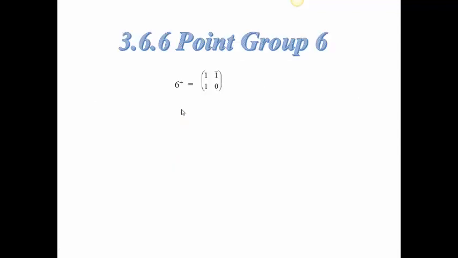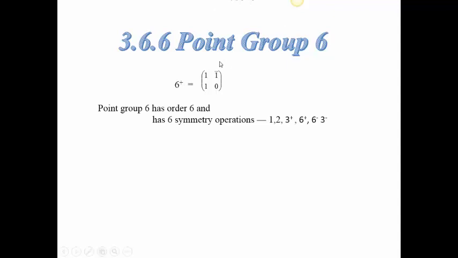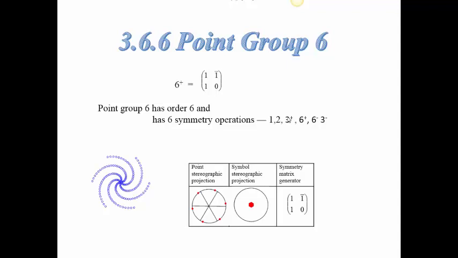Now we have point group 6. Again, we have the matrix associated with point group 6. We have 6 operations, and here's an example. So you just make 6 spirals, and here are our point group stereographic projections.